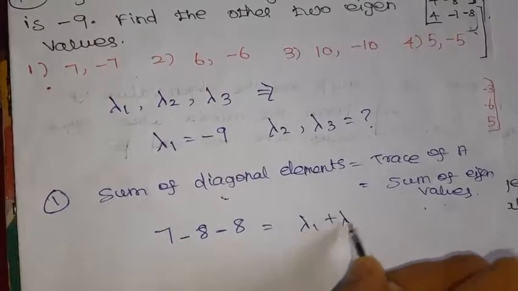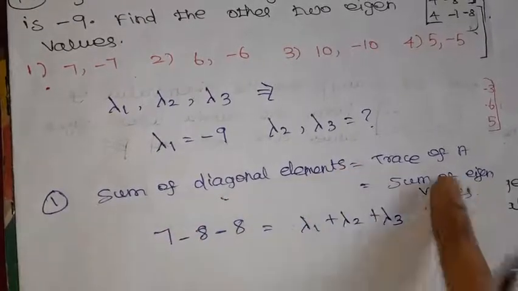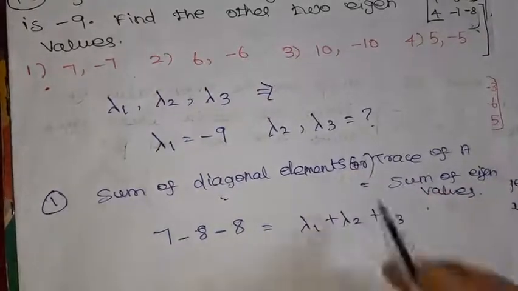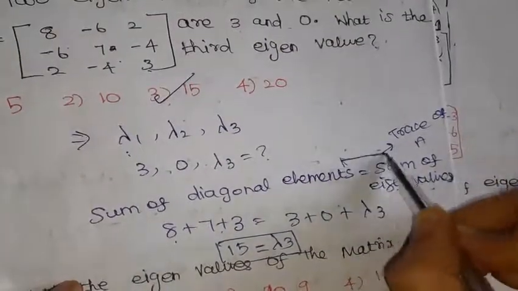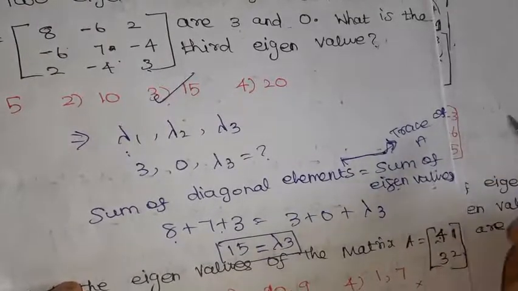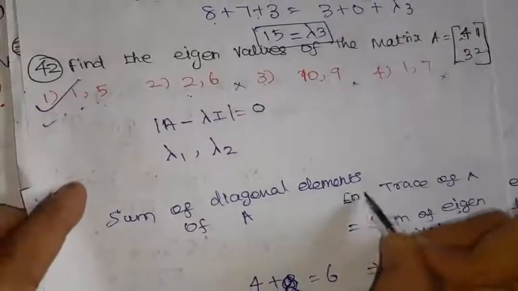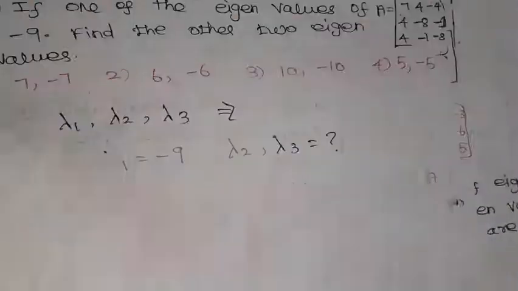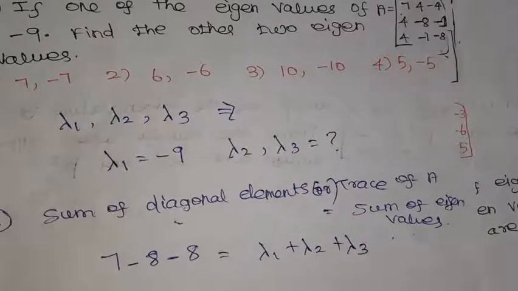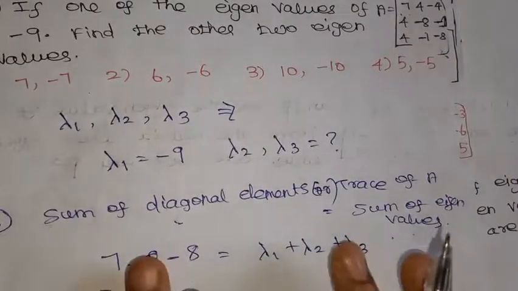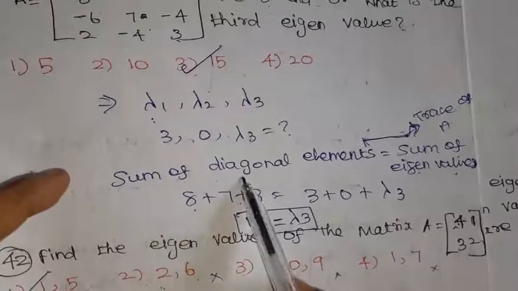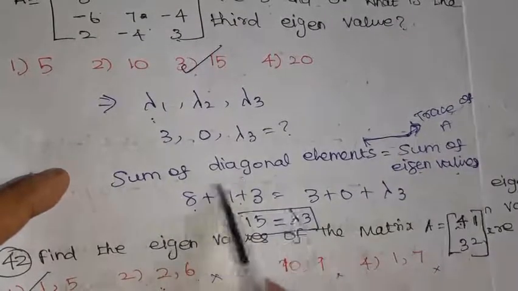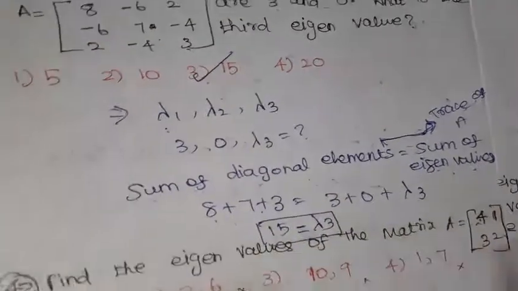7 minus 8 minus 8 is equal to lambda 1 plus lambda 2 plus lambda 3. The sum of diagonal elements is otherwise known as the trace of A. Previously I said it the other way around, which is wrong, so kindly correct this: the sum of diagonal elements, otherwise known as trace of A, should be equal to the sum of eigenvalues.